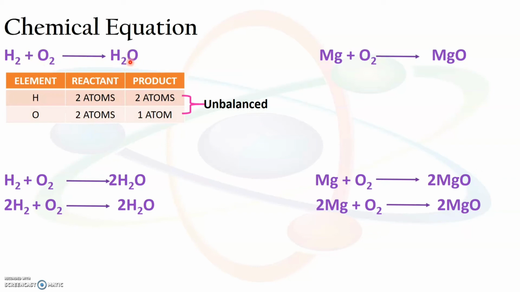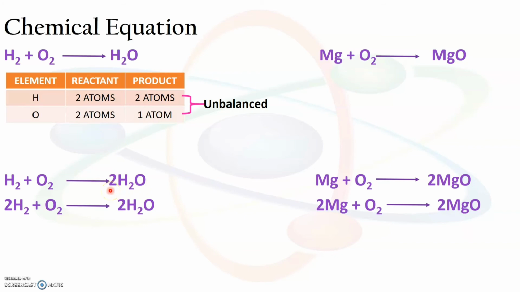So in order to add 1 more oxygen atom here on the product side, let us put a 2 before the chemical formula of this compound, that is H2O. So now we add a 2 to this chemical formula H2O. This 2 should be added as a prefix to the chemical formula H2O.